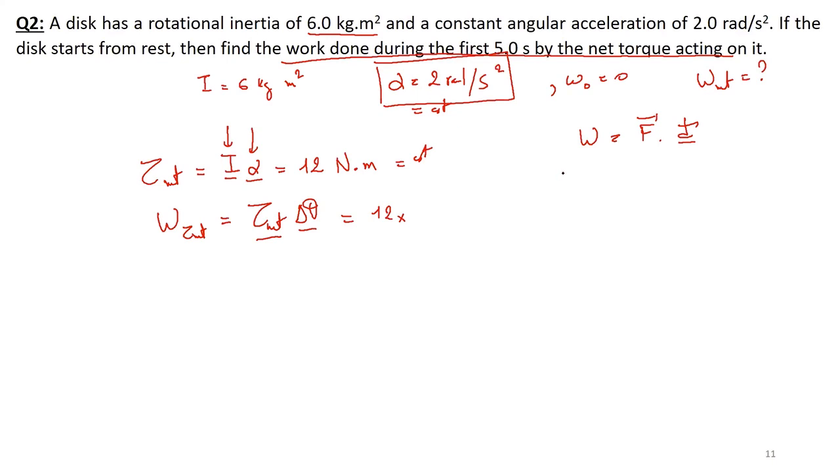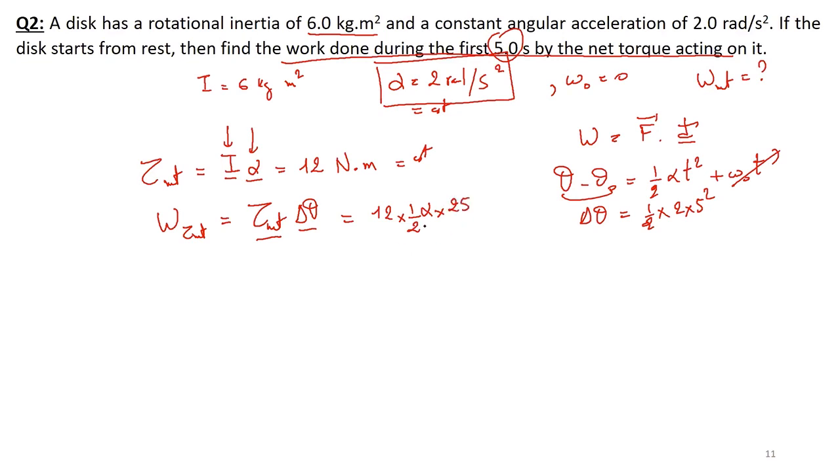Since alpha is constant, theta minus theta initial is equal to half alpha t squared plus omega naught t. So this is delta theta. Basically delta theta will be half alpha, which is 2, multiplied by t squared, and here t is 5 seconds. So 5 squared, omega naught is 0. So I will have 12 multiplied by half alpha multiplied by 25. Half of 2, sorry, because alpha is equal to 2. Half of 2 goes away, so 12 multiplied by 25 will give you 300 joule.